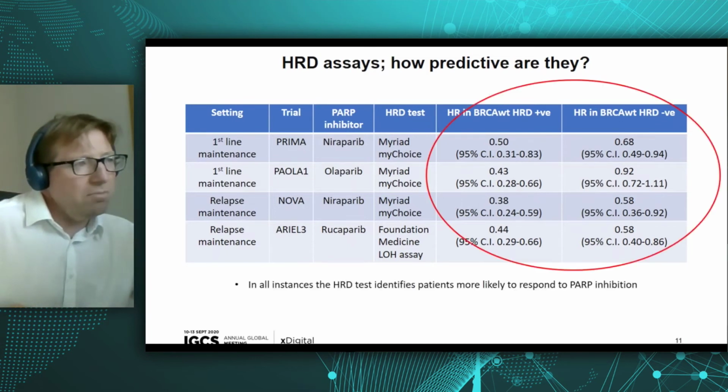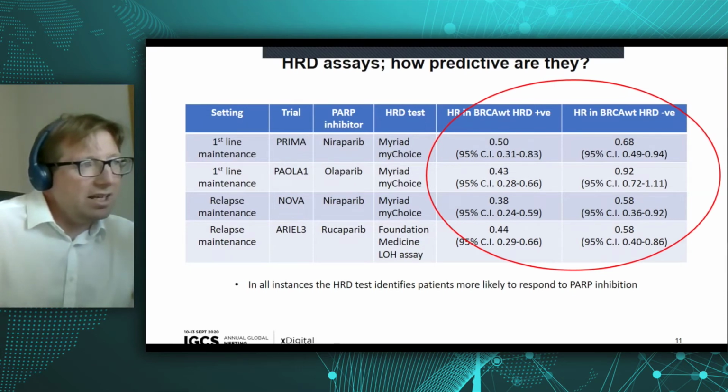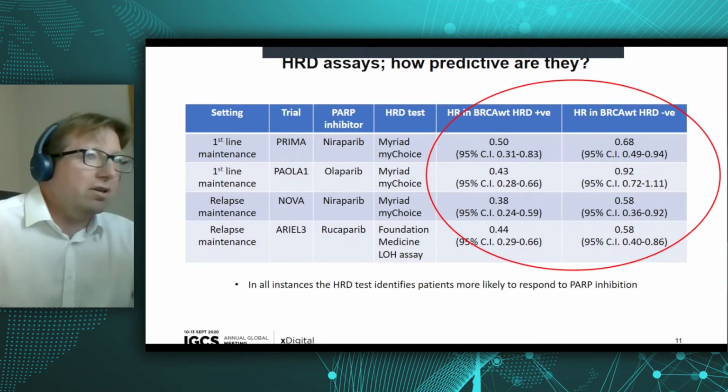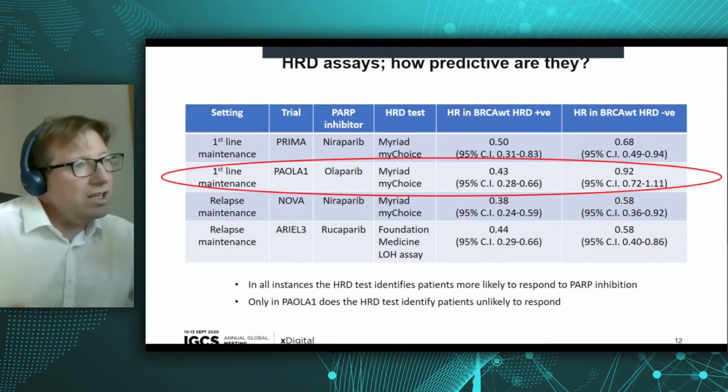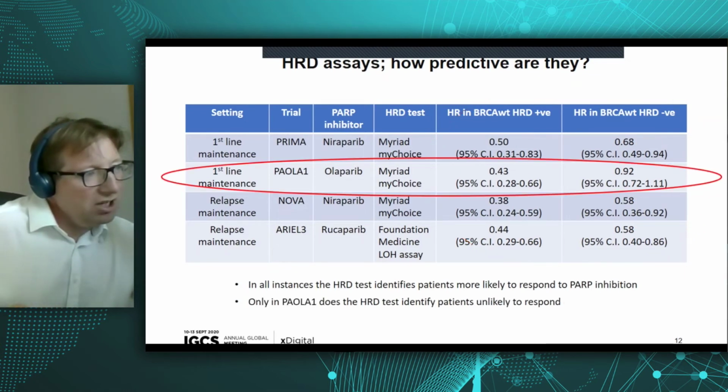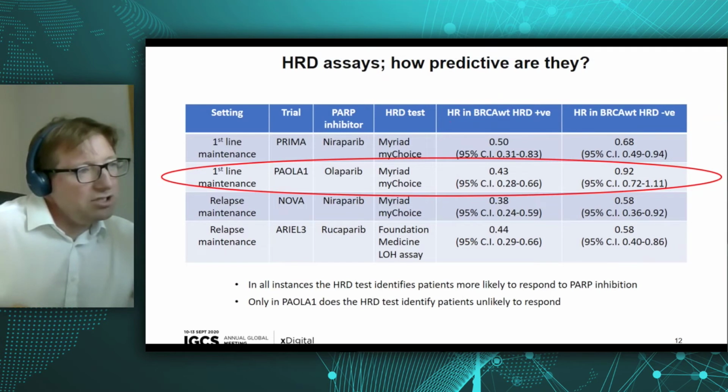And what is common amongst all these studies is they show that the HRD test can enrich for patients more likely to respond to PARP inhibitors, as shown by the fact that the HRD positive patients, the hazard ratio is lower than the HRD negative patients in each trial. However, it's only in one study that the HRD test identifies patients unlikely to respond, and that study is PAOLA-1.